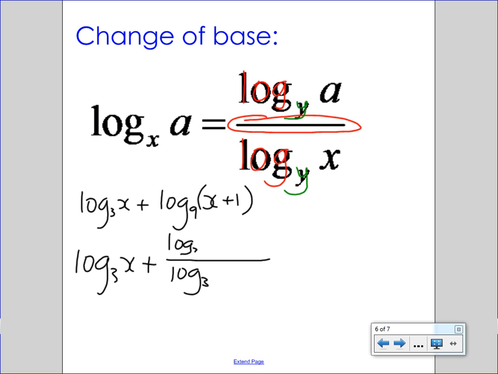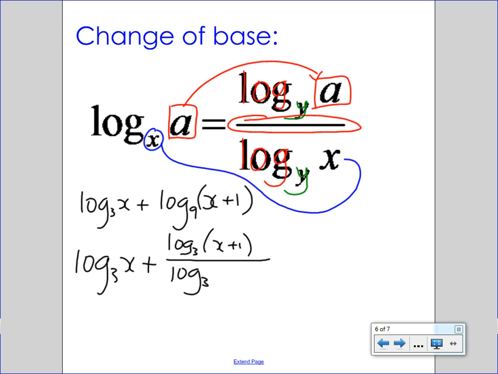So I'm going to have a 3. Now what was inside the log there, that's on the top. So in my case that was x plus 1. That goes on the top. And the old base, what was down here, that goes there. So in my case, 9.